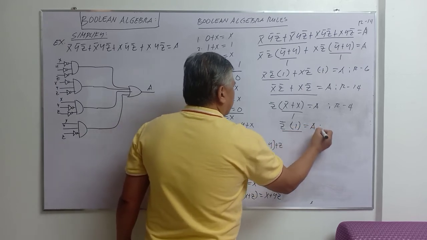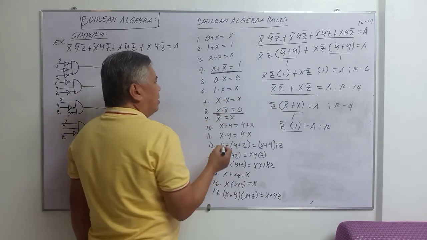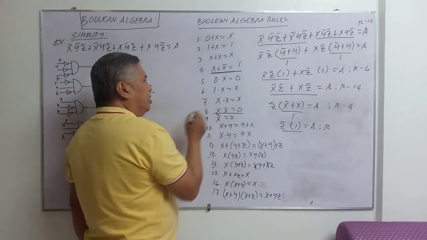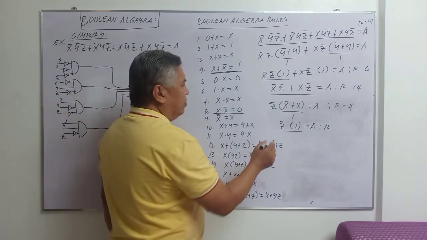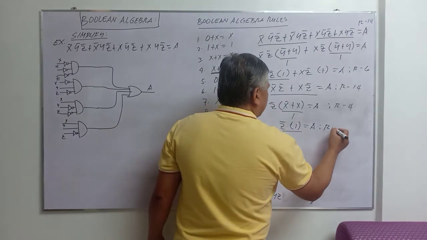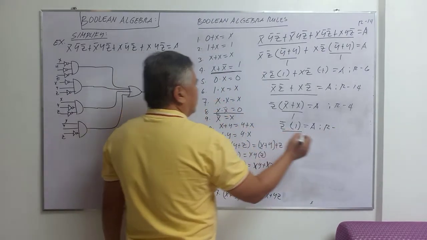And what is this? Rule number what? This one, rule number 6. Any variable or variables multiplied by 1 is equal to that variable or variables, regardless of whether it is complemented or not. That is rule number 6.